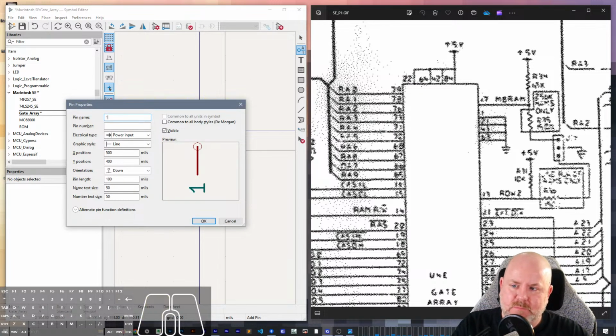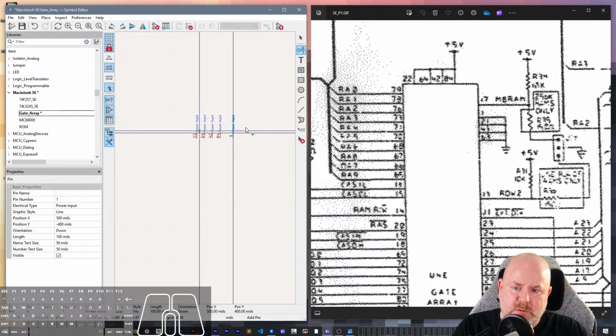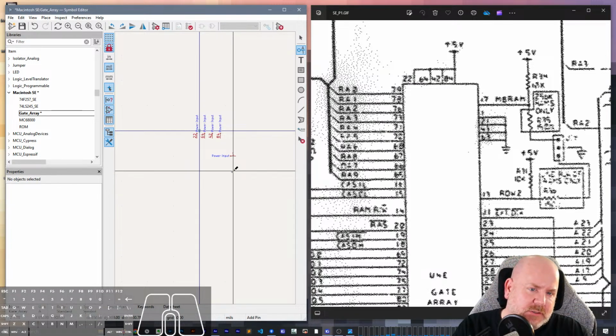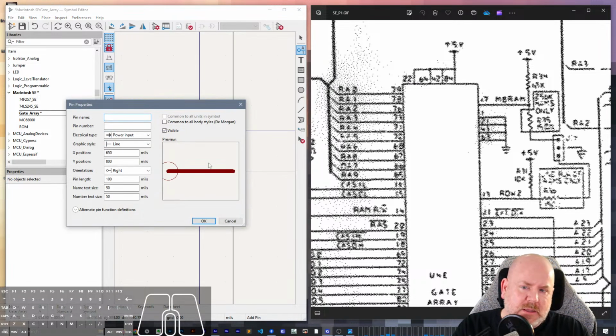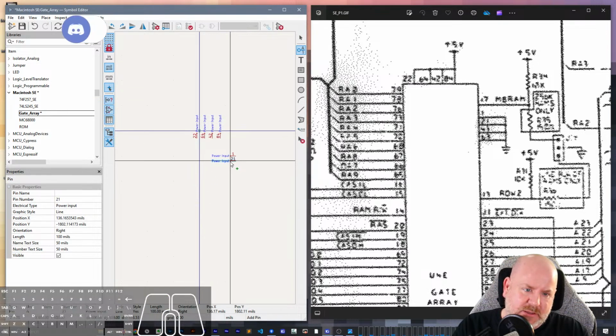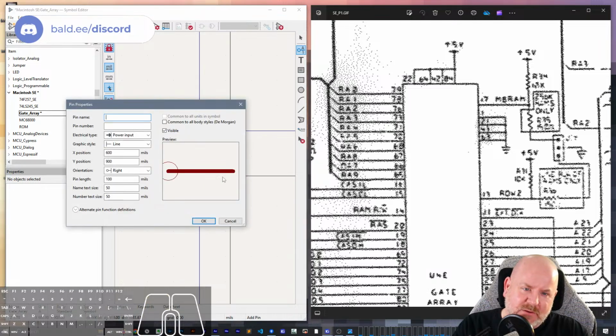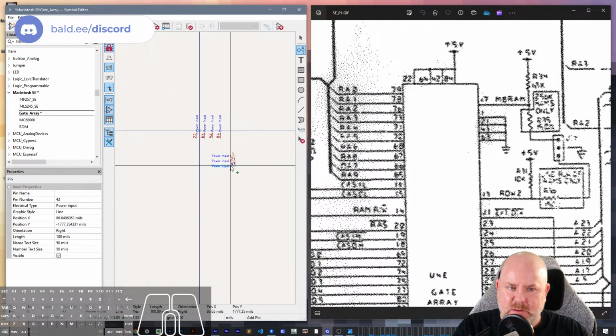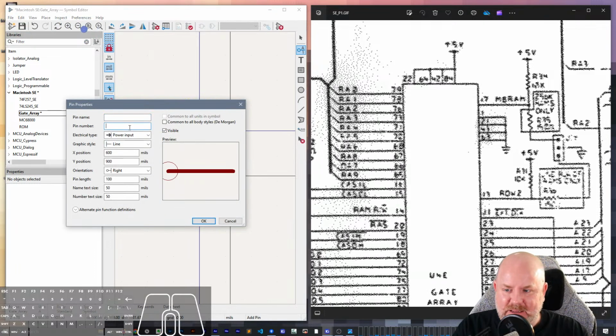All right, then I've got 1. And I'm guessing it's 21. And then I'm going to guess this one looks like 43. And this one looks like 83.